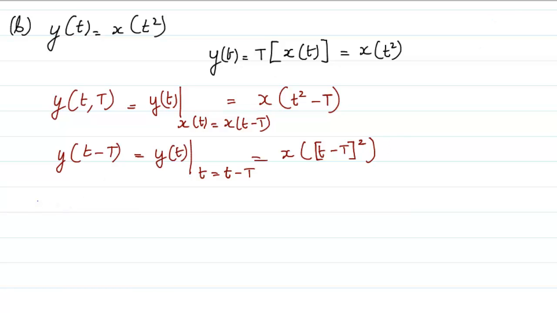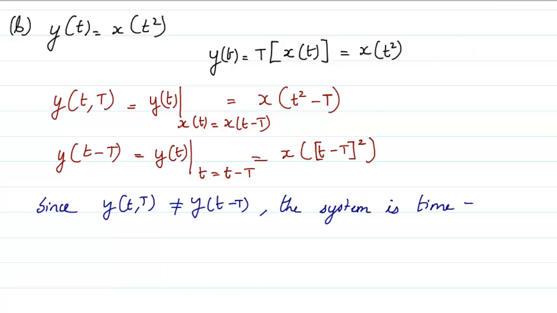Thus we write, since y of t comma capital T is not equal to y of t minus T, the system is time variant.